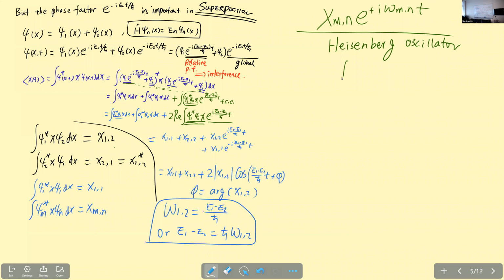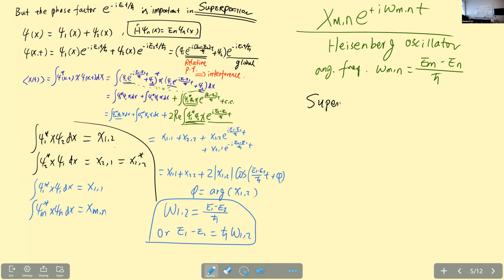Say the frequency, or the angular frequency, omega_mn, just equals E_m minus E_n over h bar. So it's oscillating. You can see that if you have a superposition of these states, you actually have oscillating.